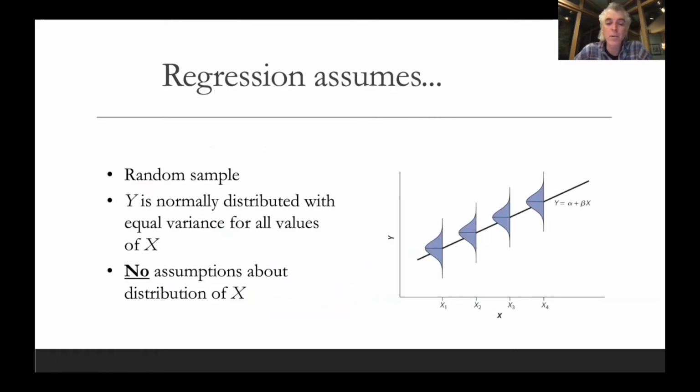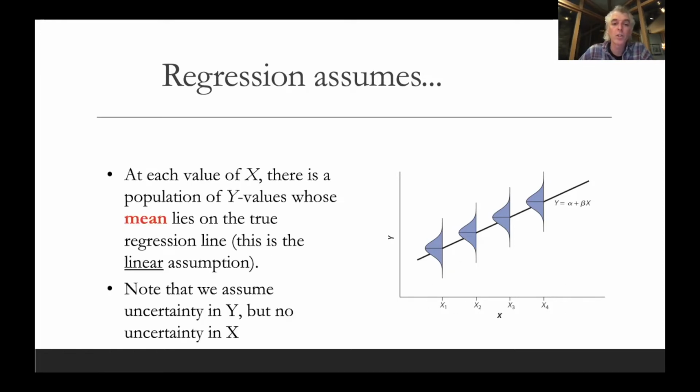Now, when we perform a regression, we assume that our observations come from a random independent sample and that y is normally distributed with equal variance for all values of x. But unlike our correlation, our regression actually makes no assumptions about the distribution of values of x. So when we perform a regression, we assume that at each value of x, there is a population of y values whose mean lies on the true regression line.